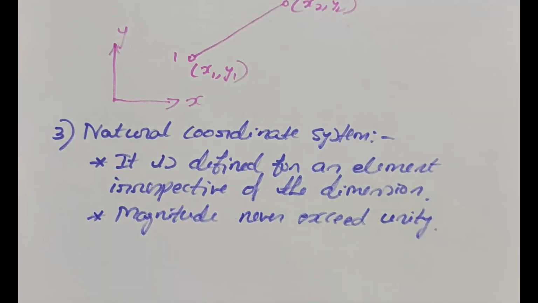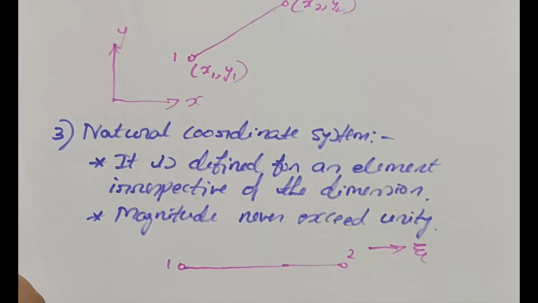We'll take up one example. I will consider 1D bar element. Node number 1, 2. Here zeta is considered as the coordinate in natural coordinate system. So I told you the magnitude of the element will never exceed unity.